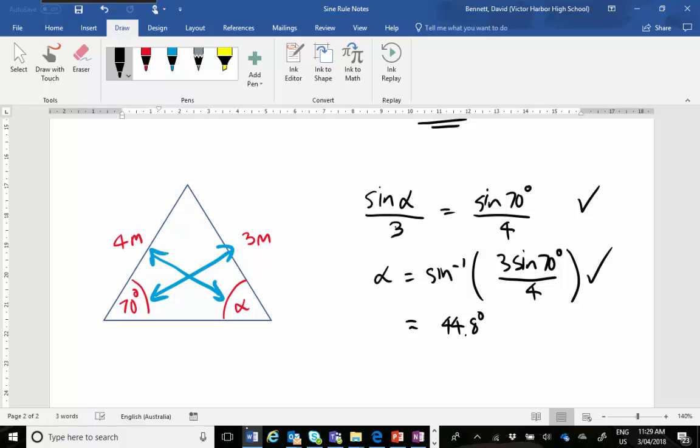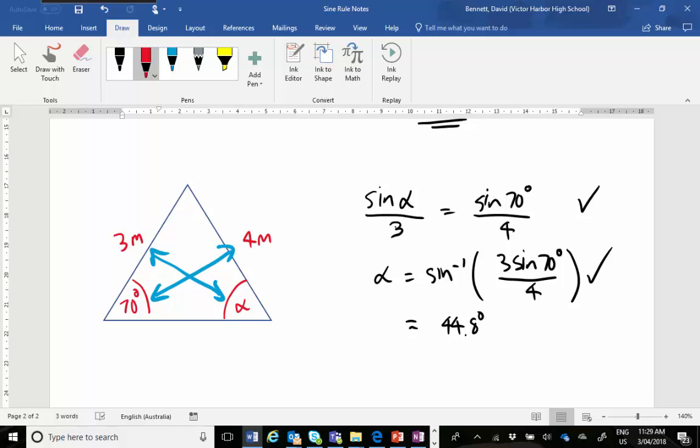The ones that you're going to get in your test will all be sorted out to make sure that they actually work. That probably meant the angle had to be like 90 degrees or something, and that wouldn't be possible. If the triangle's not possible, then it won't work out.